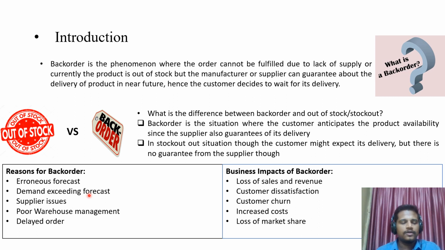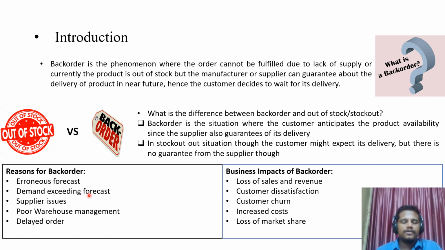The fourth reason is poor warehouse management, which is also a critical reason for back order. The fifth reason is delayed order. If you place the order with the manufacturer late, it will obviously come in a delayed fashion, so when the customer visits the store to buy the product, there might be a back order.